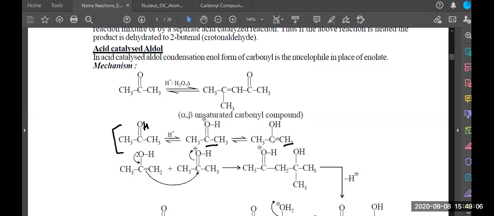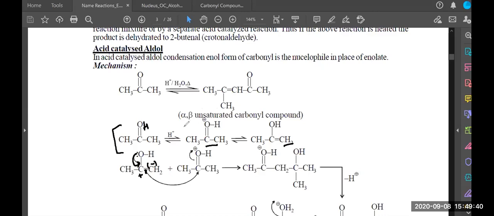Now when we have this tautomeric product, this pi bond will break. When this pi bond breaks, we have a positive charge here. Why? Because this lone pair will go here and we will have a negative charge over here. Ultimately, it will be the formation of a nucleophile, but how the nucleophile is formed is something different. Otherwise, all the process will be the same. Okay, everyone? Got it?